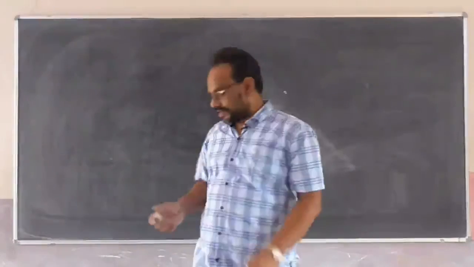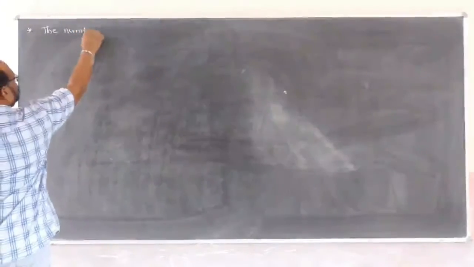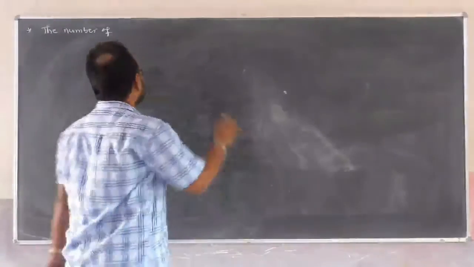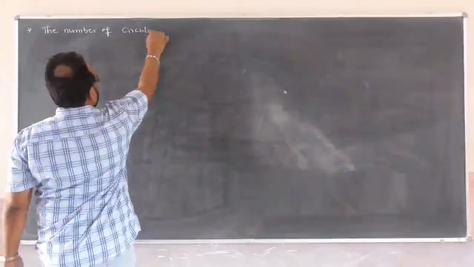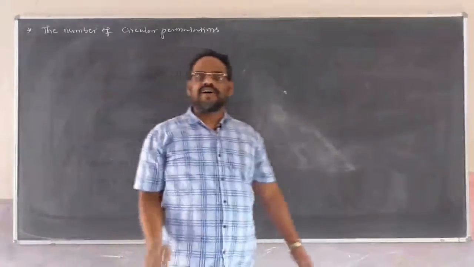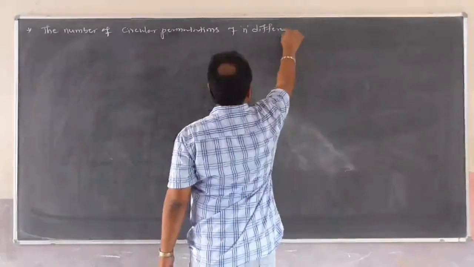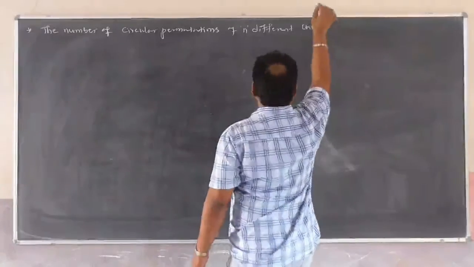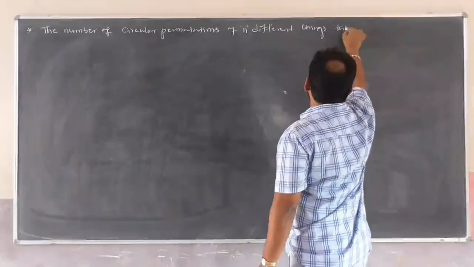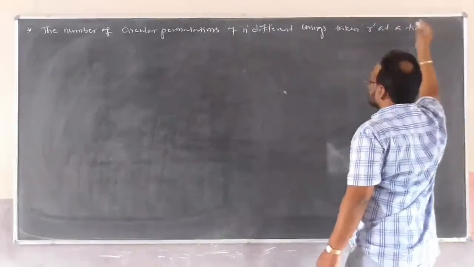Next formula: the number of circular permutations of n different things taken r at a time in one direction.